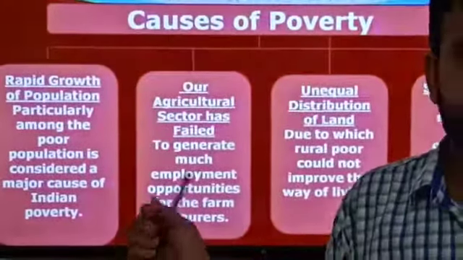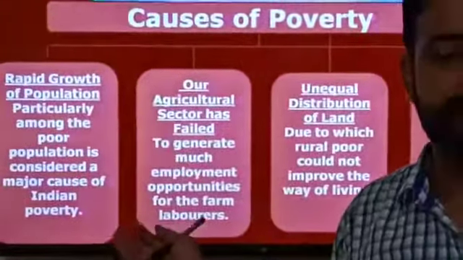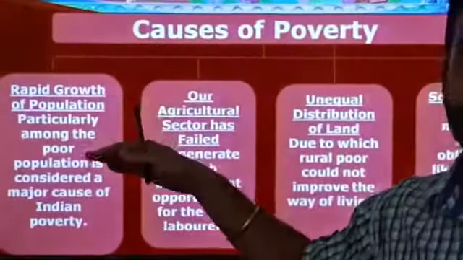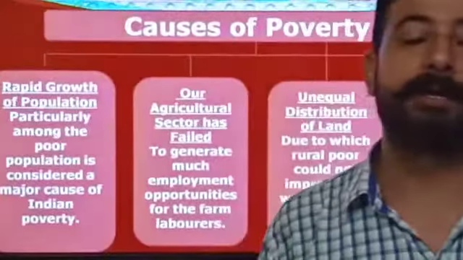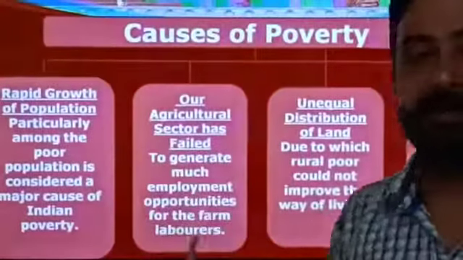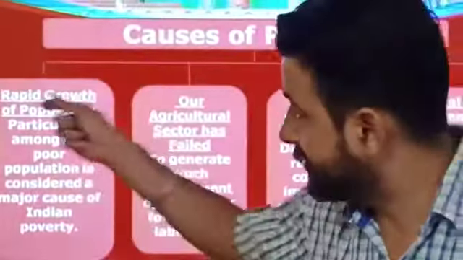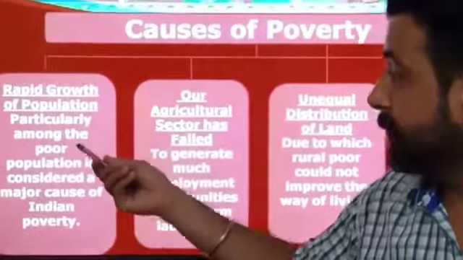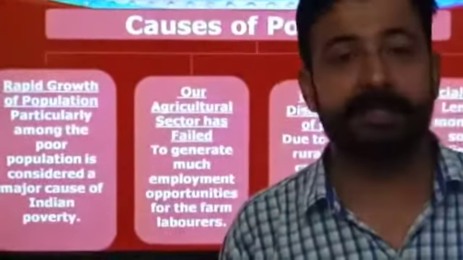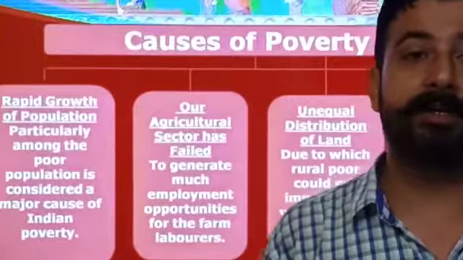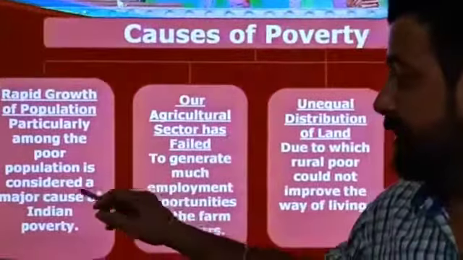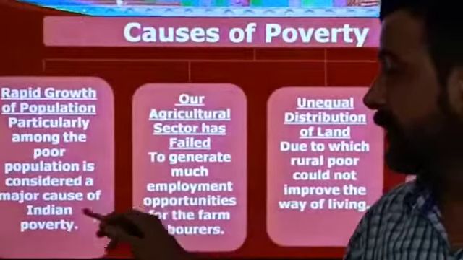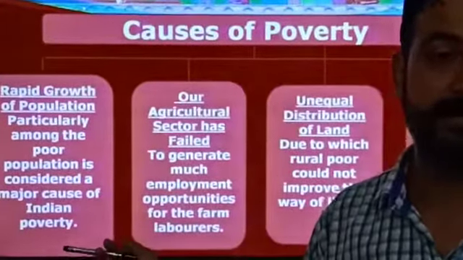As we have read, so many problems are interlinked with poverty, because poverty is a multi-dimensional problem, like landlessness, malnutrition, size of families. Poor persons are under the vicious cycle. They know nothing about family planning. That's why it is mentioned that population growth is considered a major cause of Indian poverty.